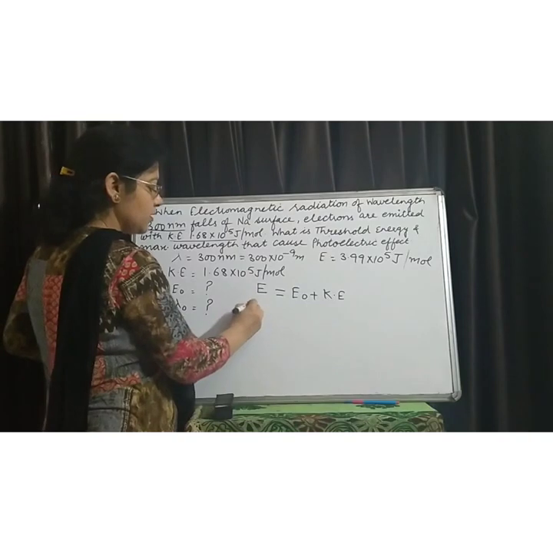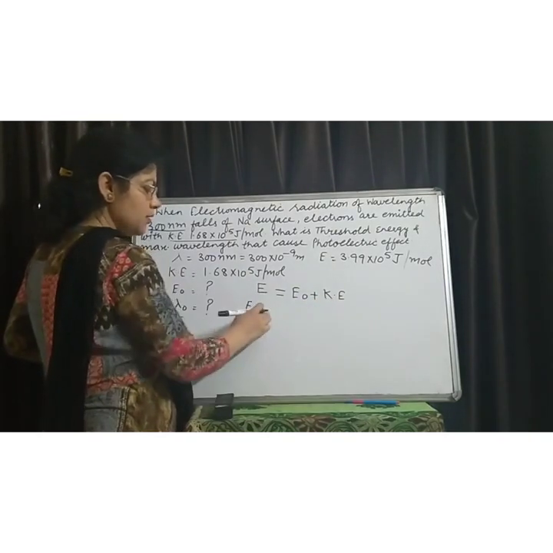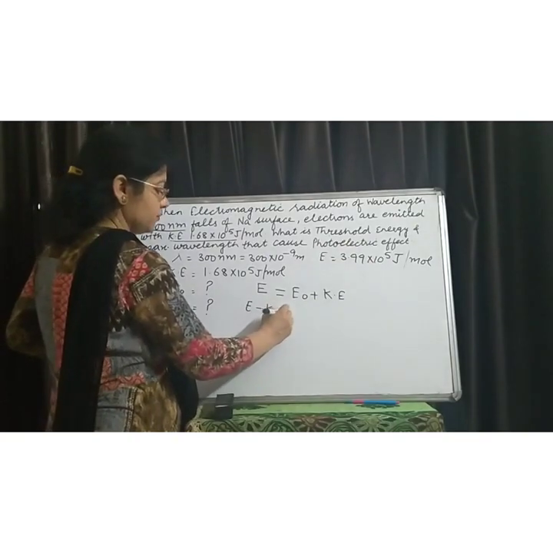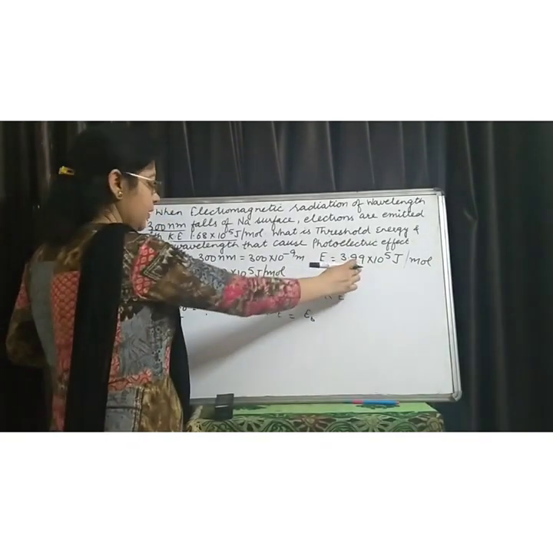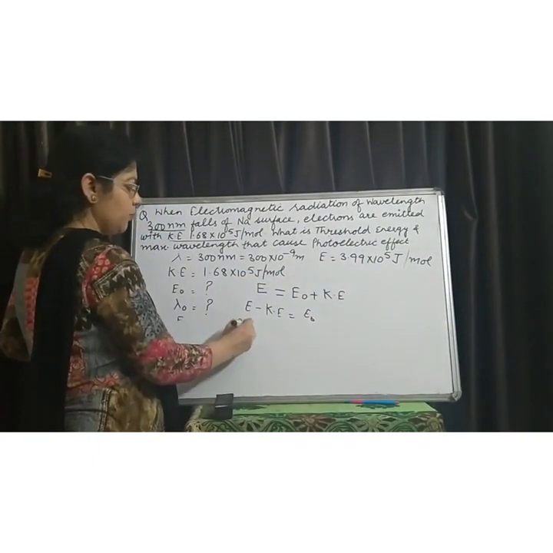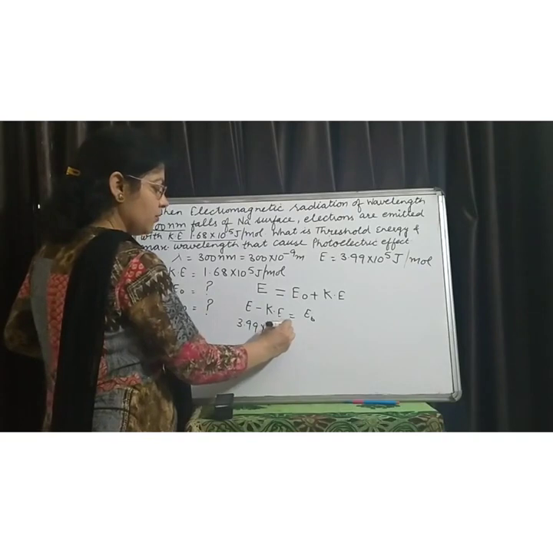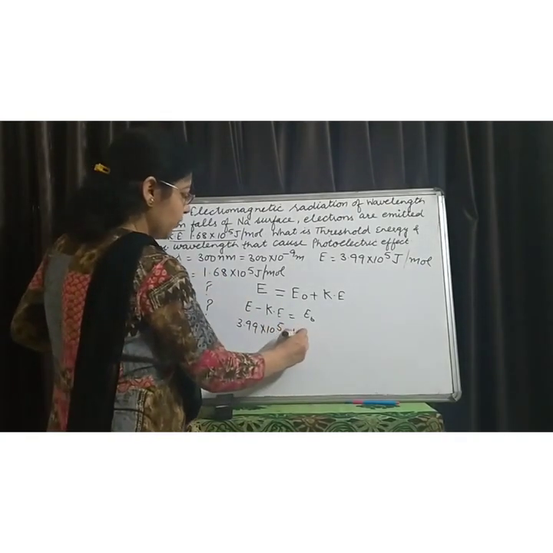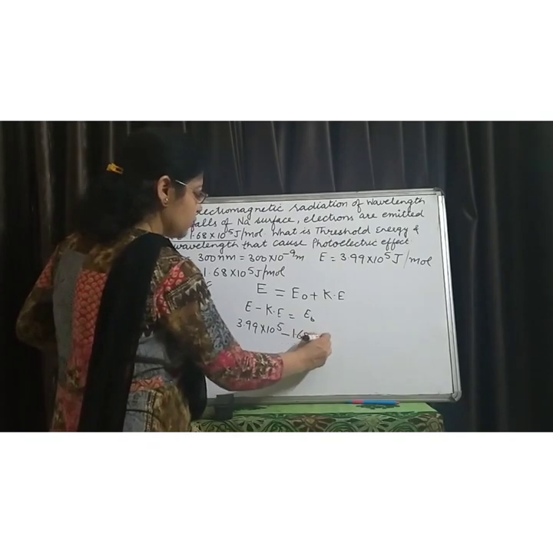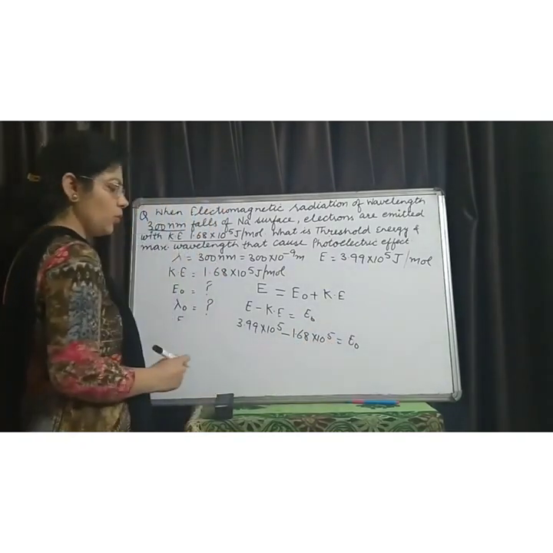So, threshold energy is equal to total energy minus kinetic energy. Total energy we had already calculated, that is 3.99 into 10 raised to power 5. Kinetic energy is given to you, that is 1.68 into 10 raised to power 5. It is equal to threshold energy.